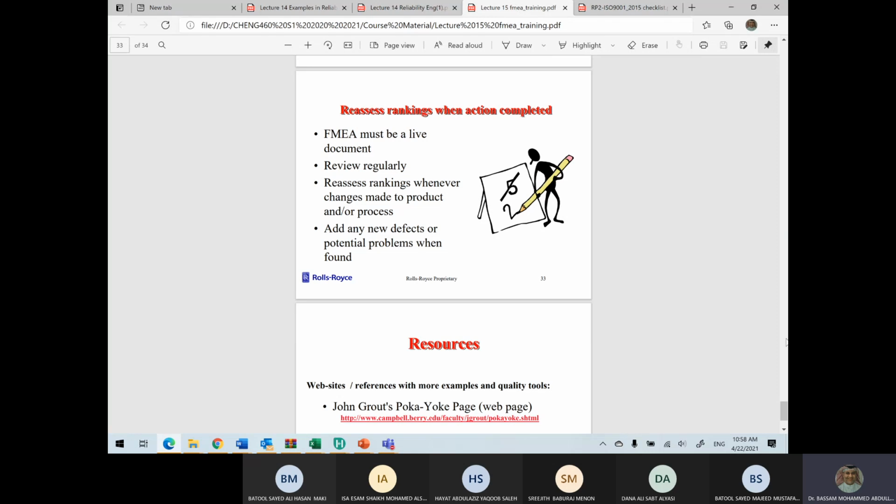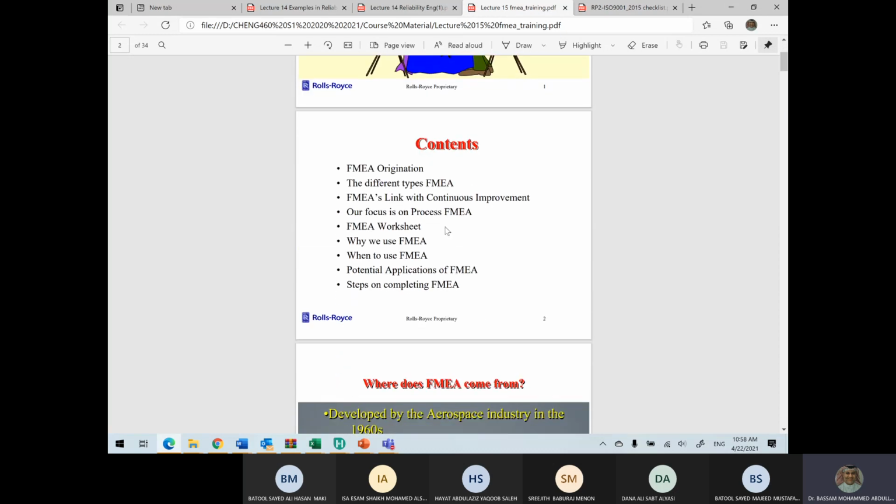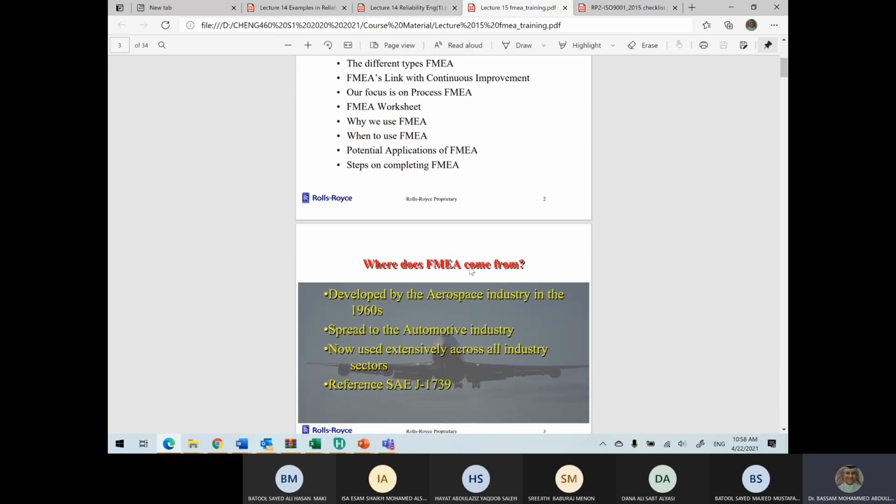The third part is related to the failure mode and effects analysis. I don't like this picture, and this is what it's trying to say here. When you try to solve things, you don't go to this nonsense stuff. You need to go through a certain step, and those steps we call the failure mode and effects analysis.